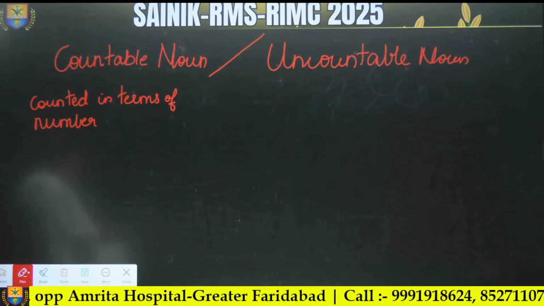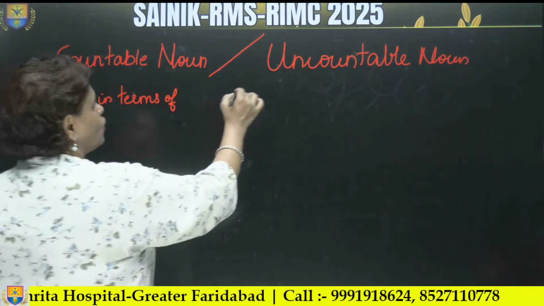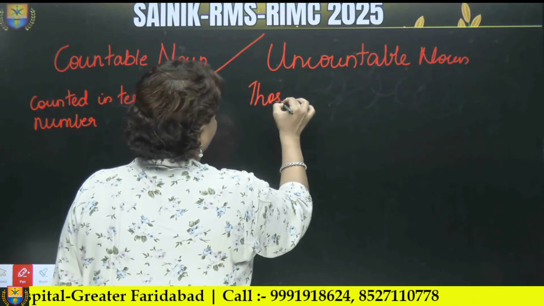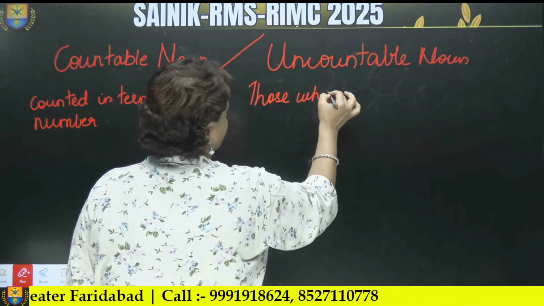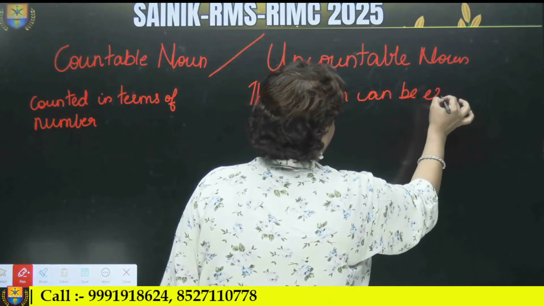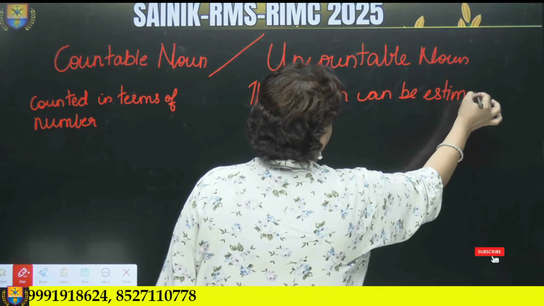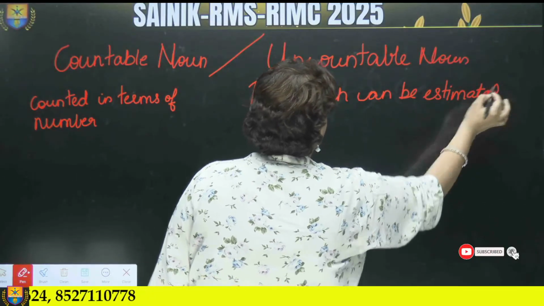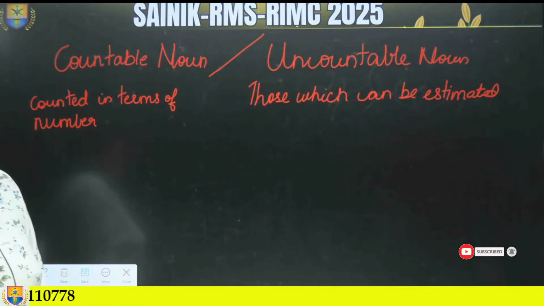What about the uncountable nouns? Those which can be estimated. Just a rough idea we can have about them.